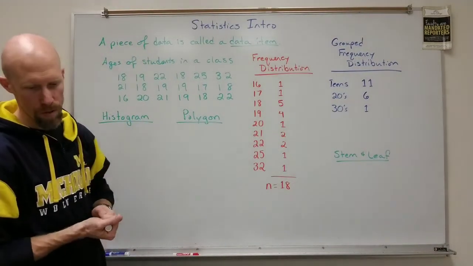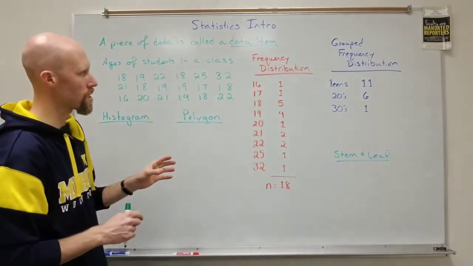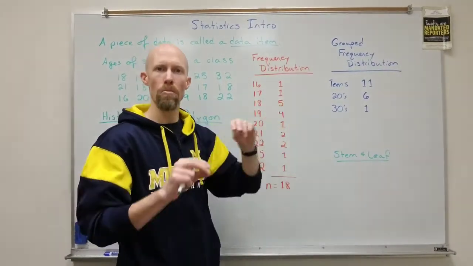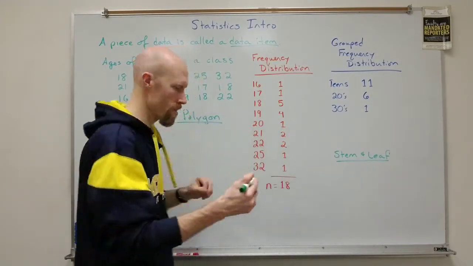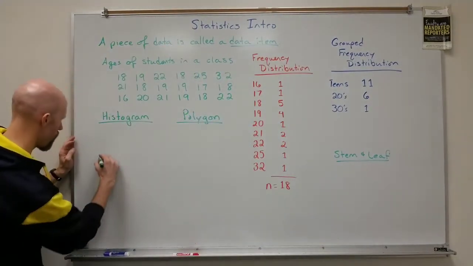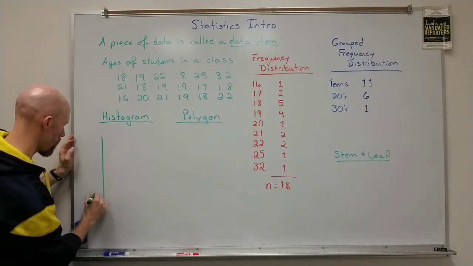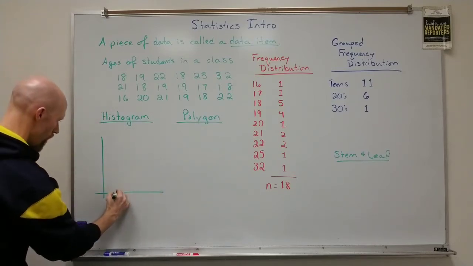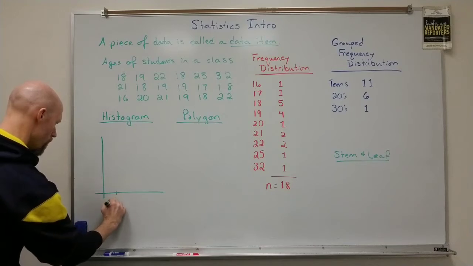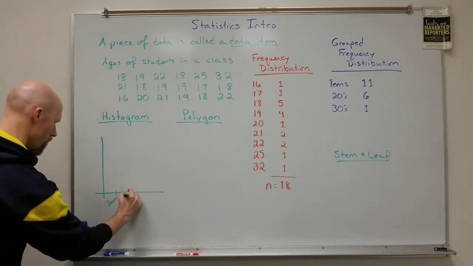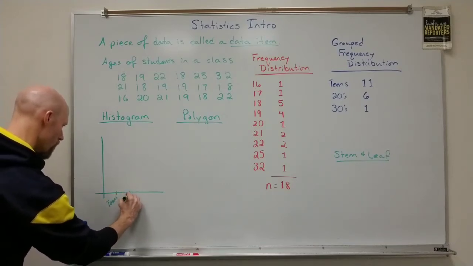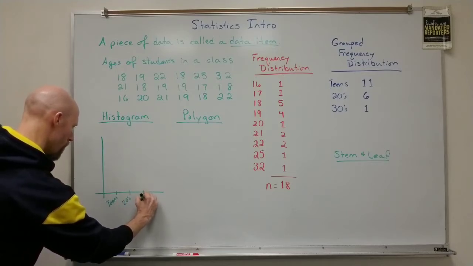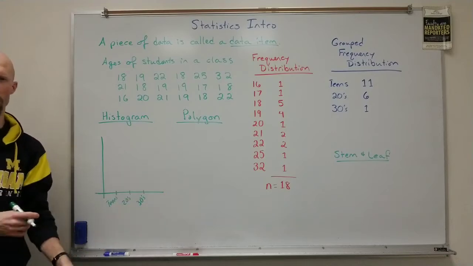So a grouped frequency distribution essentially takes the range or the category and puts it on a horizontal axis. So you would have vertical, horizontal, and you'd have the teens, the 20s, and the 30s, listed out on that horizontal axis.